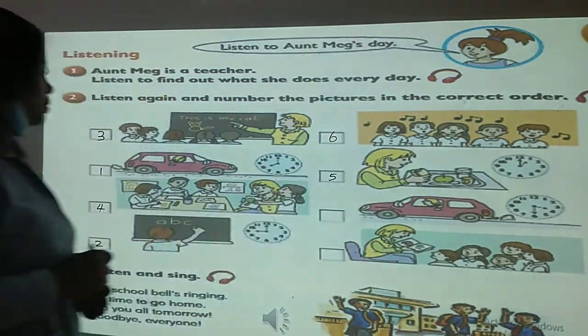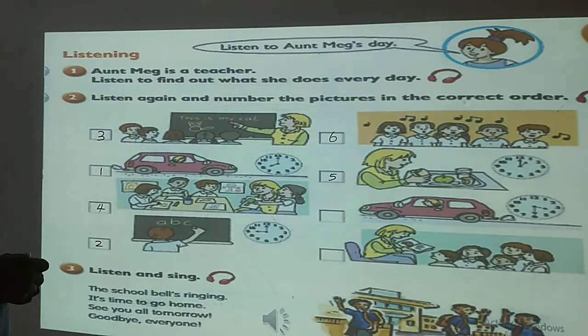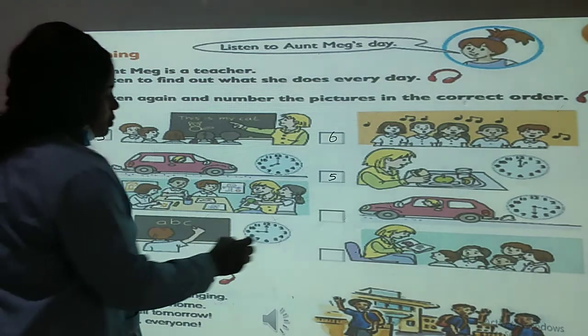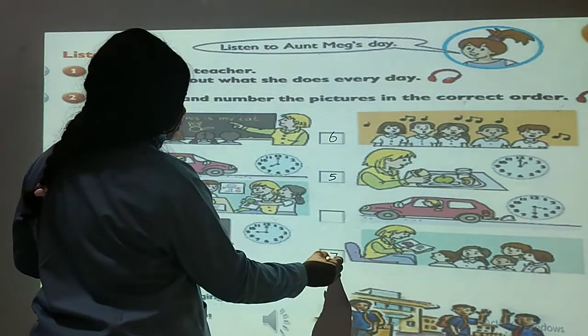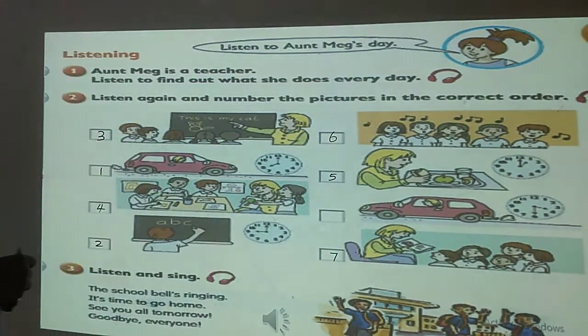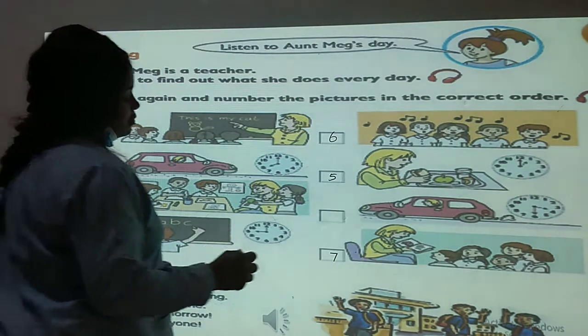They love singing. Then Aunt Meg reads a nice story. Once upon a time, there was a beautiful princess. The children love stories and they love Aunt Meg. At 3:30, Aunt Meg gets into the car and drives home.